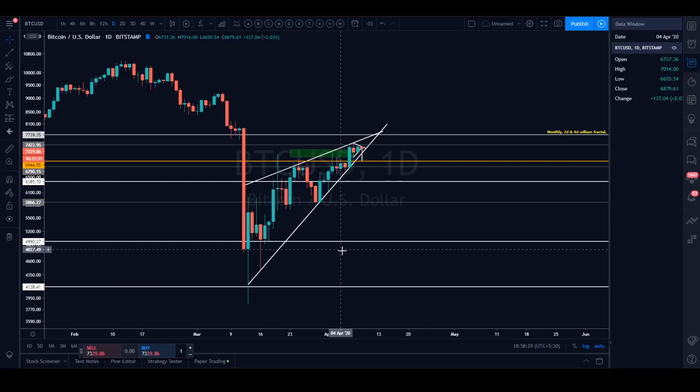However, there is a high probability that price is likely going to make it to this region right here, which is also the measured move, which also lines up with a major monthly horizontal. So one thing going for this region, 4,988, is that it's got some good confluence there.